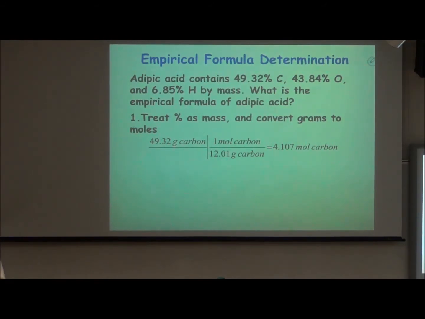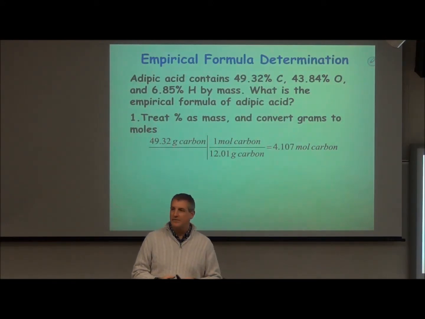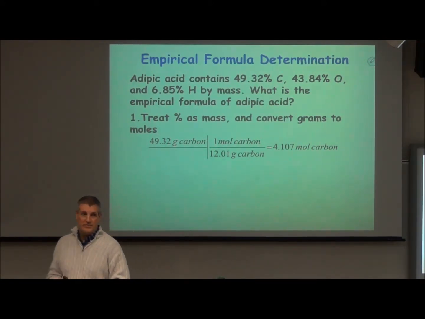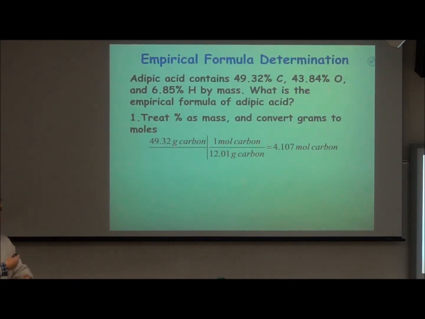As I mentioned in the last class, there are a number of steps to this process, but they're all steps that we've done. We're just putting a few steps together to allow us to do something we haven't done before. But these are all simple steps.